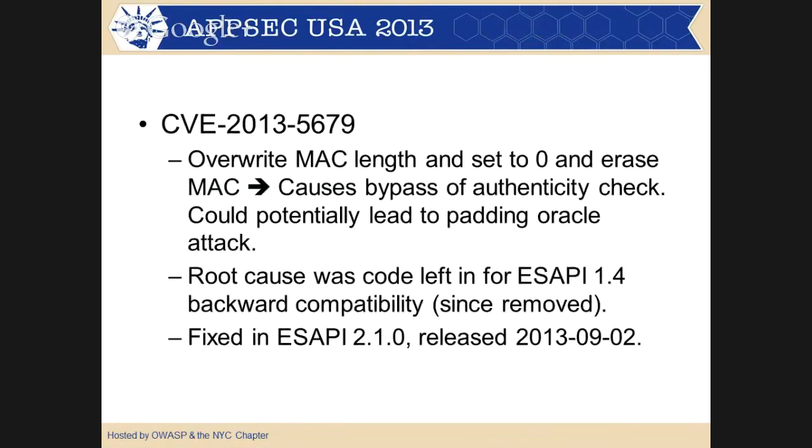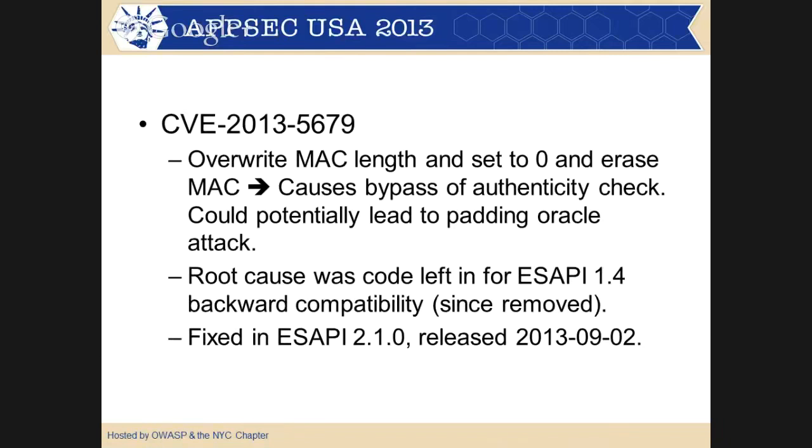One of the things is that ESAPI had been stable for almost 2 years without really any revisions. Then someone posted to the ESAPI development list a proof of concept that showed they were able to override the message authenticity code, the MAC, by setting the MAC length to 0 and erasing the MAC.